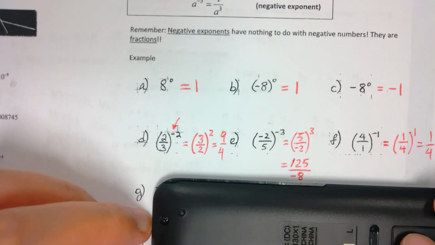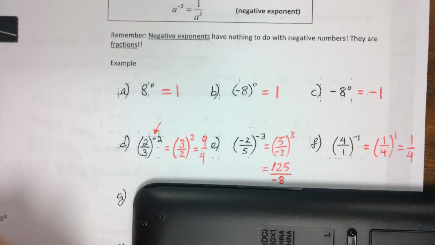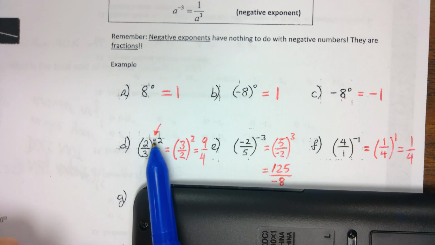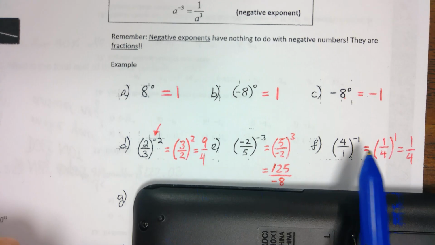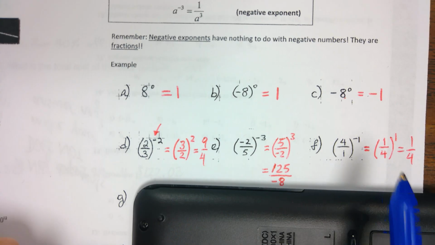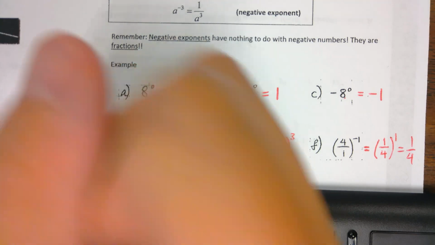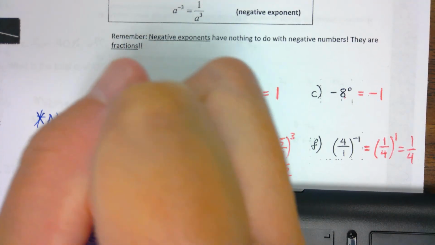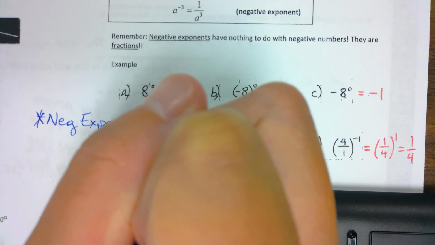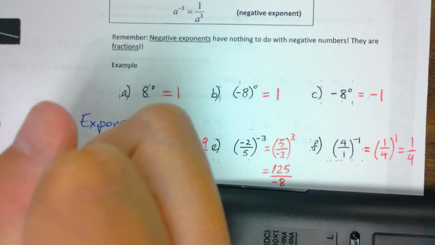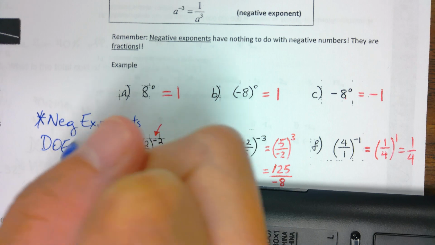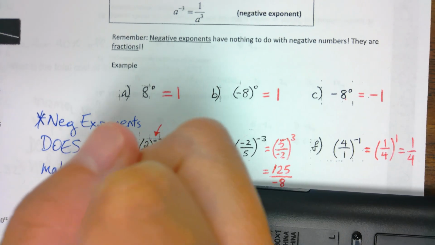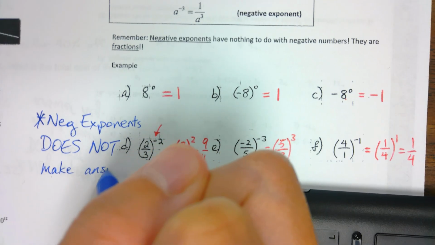So it's just itself. For these ones right here, did the negative exponent make my answer negative? No. So this is another common mistake. Negative exponents do not make the answer negative.